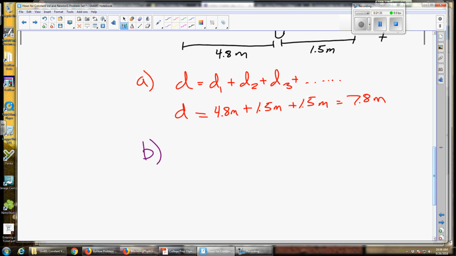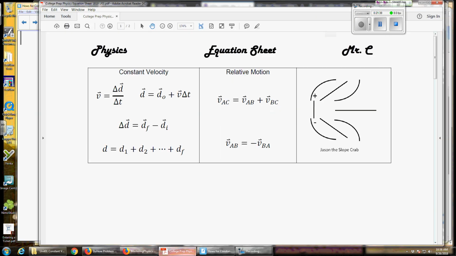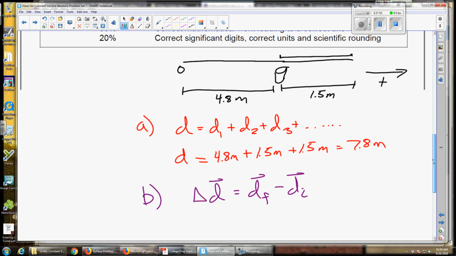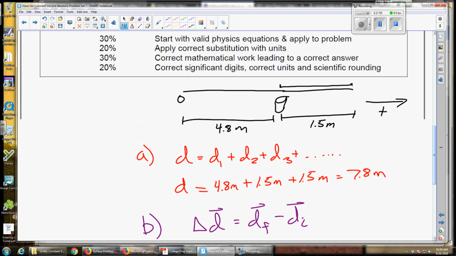For part B, they want displacement. And displacement, we remember from our equation sheet, is final position minus initial position. So let's call this initial position 0.